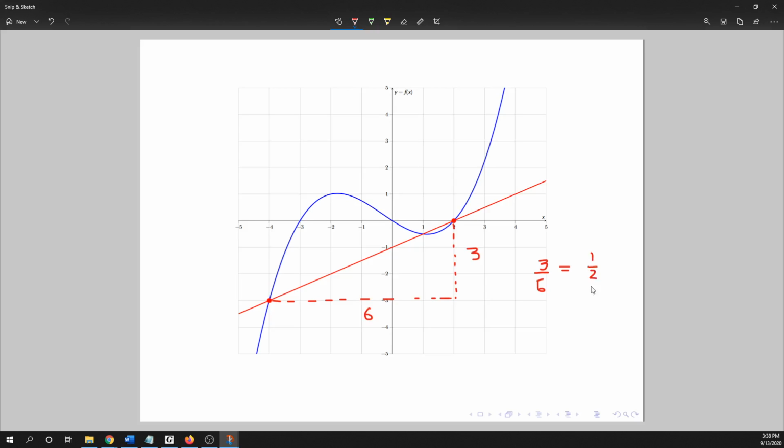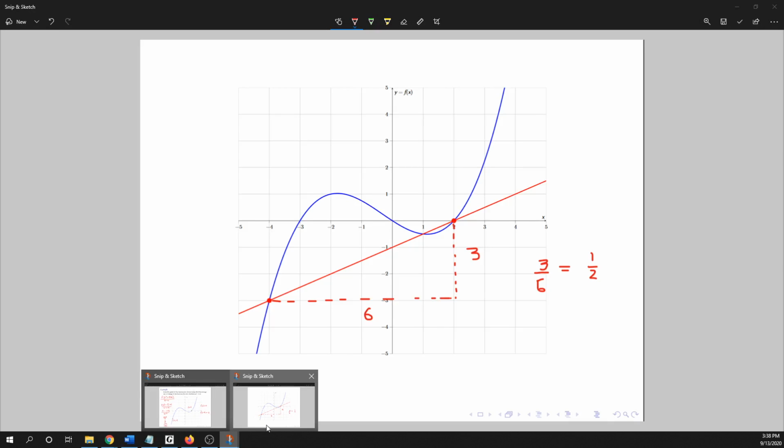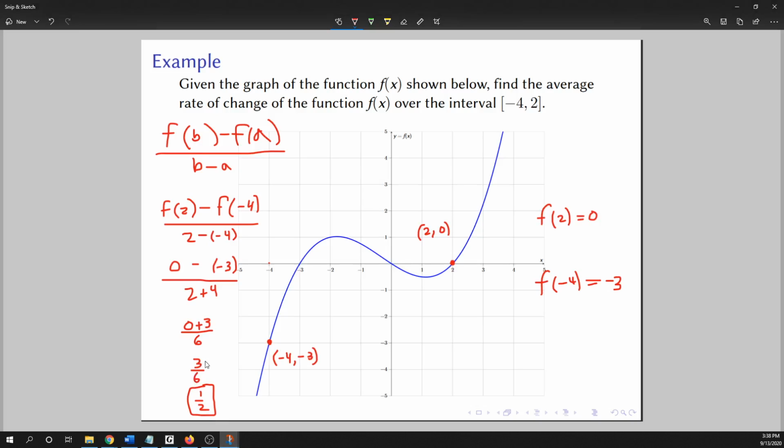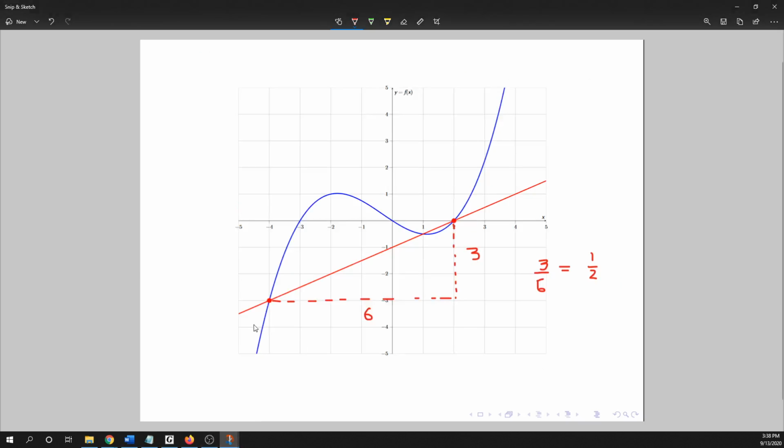All right, and so you can see it's no coincidence that when we made this calculation with the average rate of change, we got a 3 on top and a 6 on the bottom. So pretty much what you're doing when you make this average rate of change calculation is taking 2 points on the graph of a function that may not be a line, putting a line through those 2 points, and calculating the slope of that line.